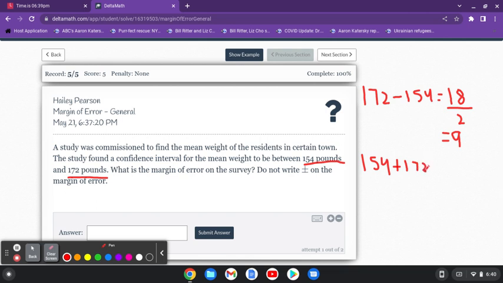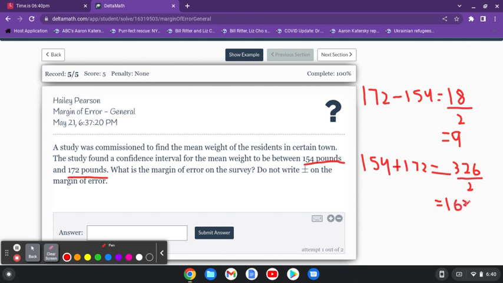So if I do this, I do 154 plus 172, that gets me to 326. And if I divide it by 2, I get a mean of, if I plug it into my calculator, 326 divided by 2 gets me a mean of 163.